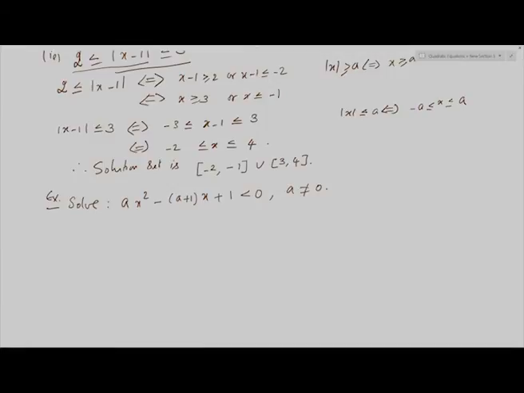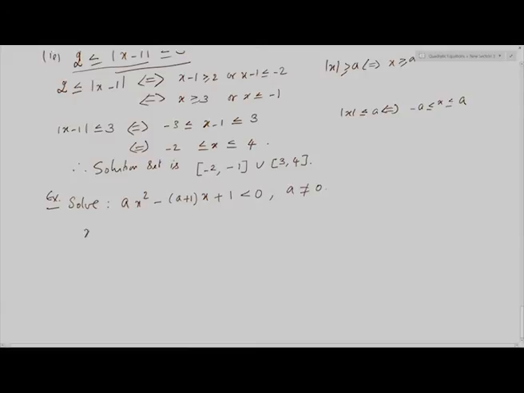So how to find the value of x so that this inequality is satisfied? It is given that a is a non-zero number, and right now we cannot factorize unless we know the a. So what we do is we simply solve, because we know how to find the roots of the quadratic equation.